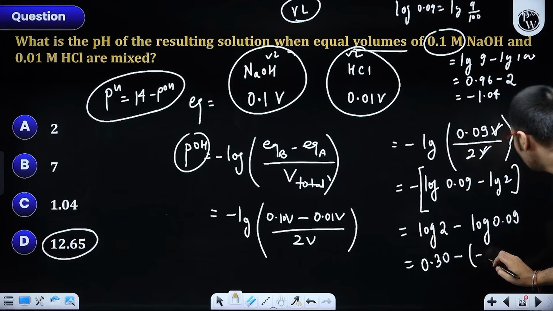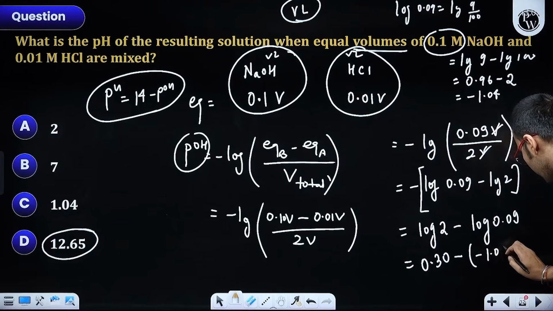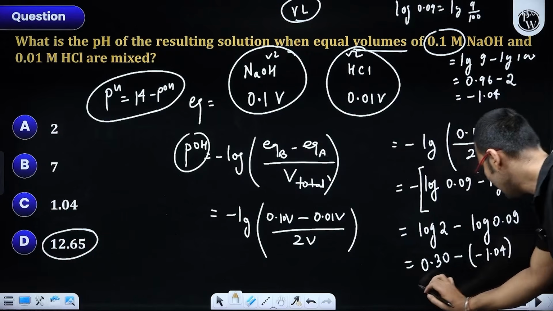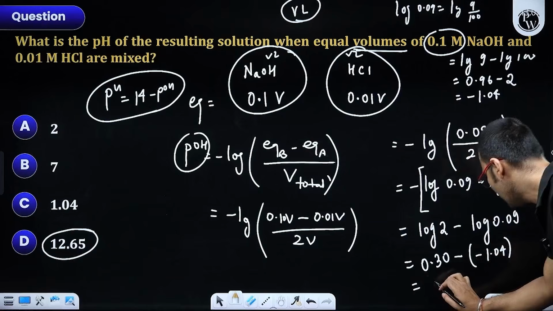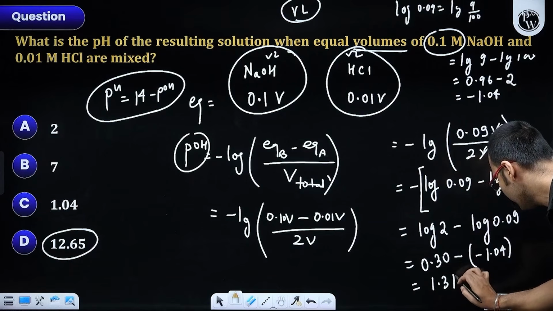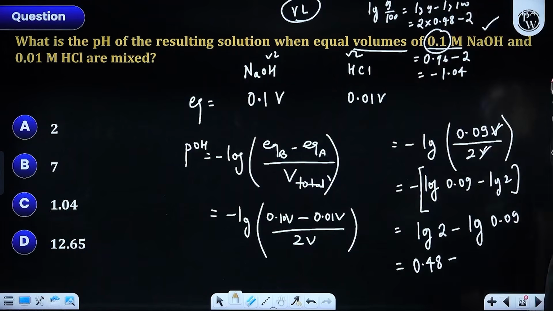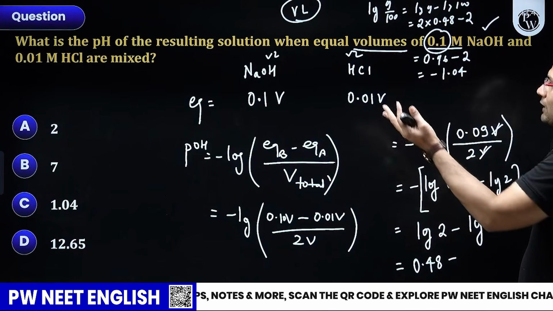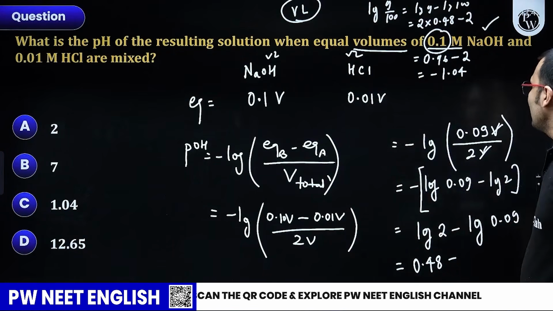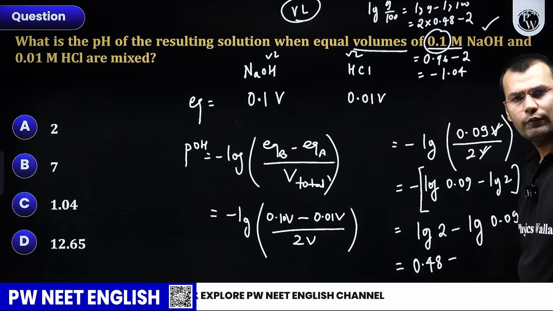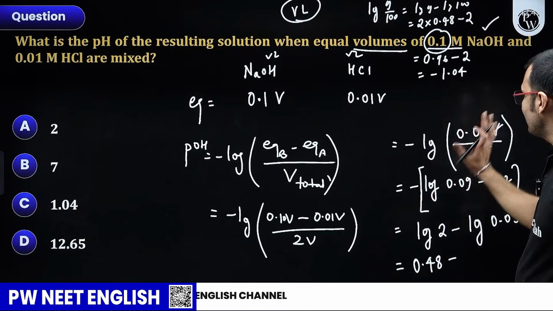So if I put minus 1.04 here, this will be minus plus, and it will come out nearly 1.34, right? I hope you have understood how I got log 0.09. In exams, sometimes they will directly give you the values of log 0.09, but sometimes they will just give you the values of log 2, log 3. From log 2, log 3, you can get these values.